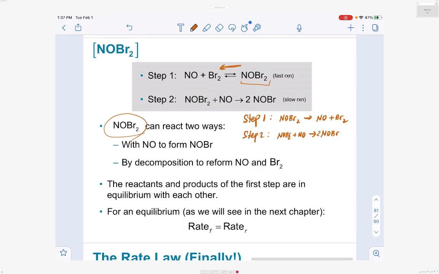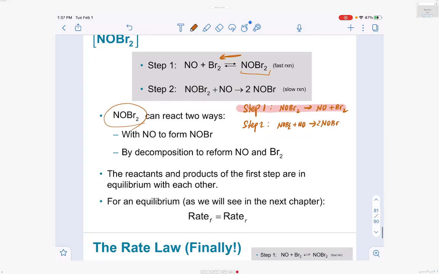For step 1, since this is a reversible reaction, we know that the rate of the forward reaction equals the rate of the reverse reaction.